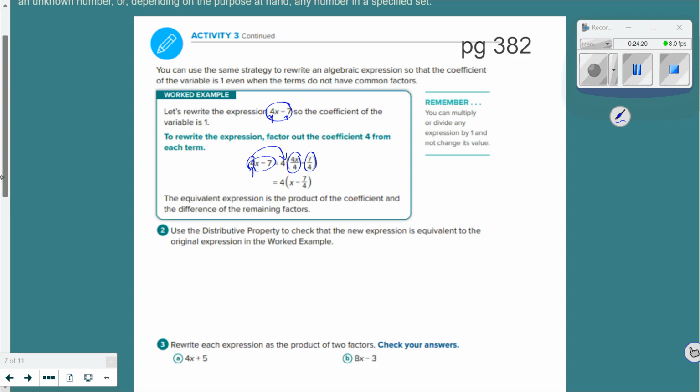So, what's 4 divided by 4? 1. What's 7 divided by 4? This is one of those few times where the fraction 7/4 is going to be okay. So I just leave that as 7 over 4.